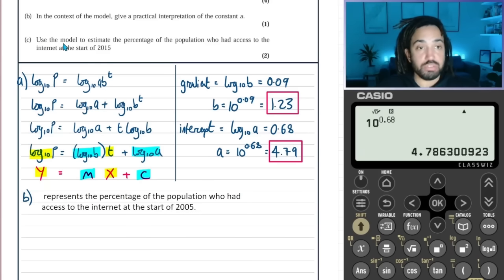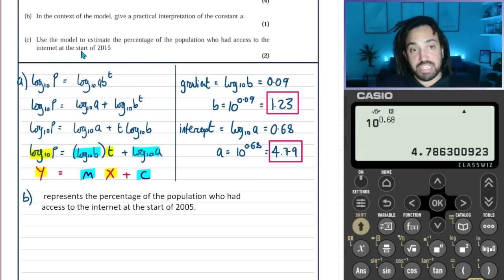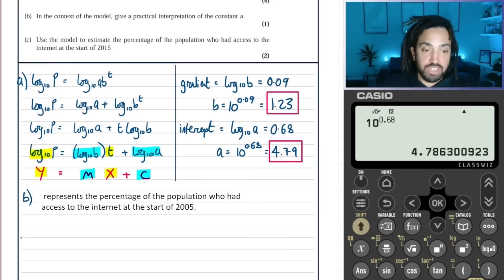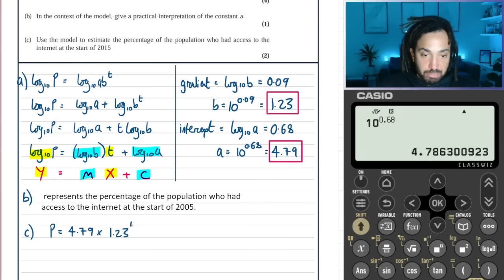Okay, then it says use the model to estimate the percentage of the population who had access to the internet at the start of 2015. Well, what we said is the formula was P is equal to 4.79 multiplied by 1.23, and we need to do that to the power of 10 because there's going to be 10 years between 2015 and 2005.